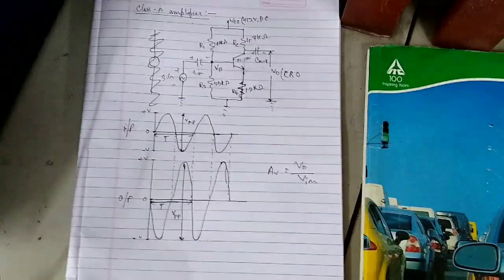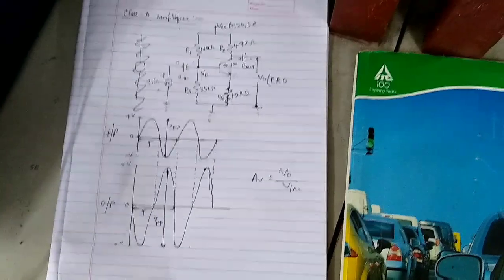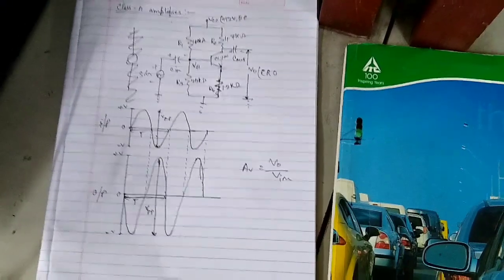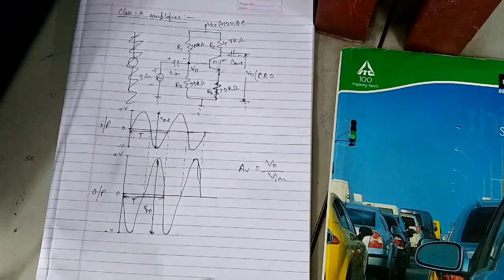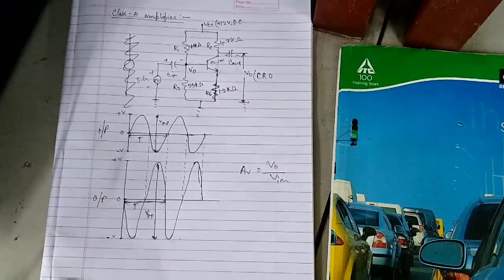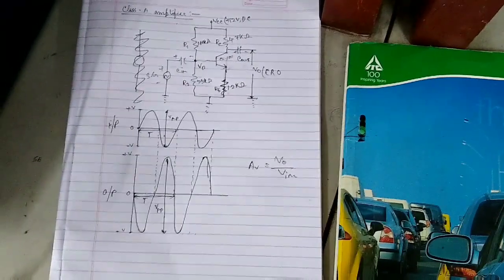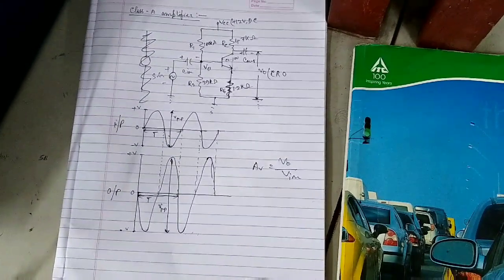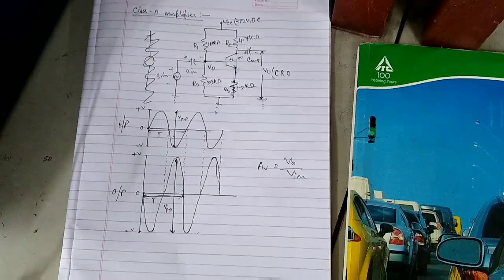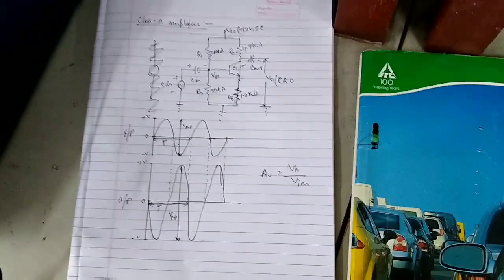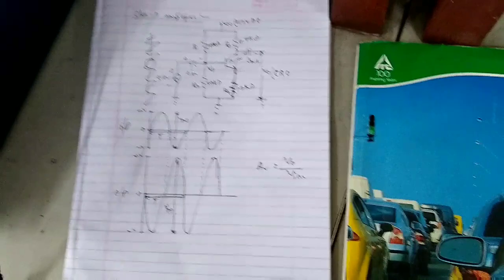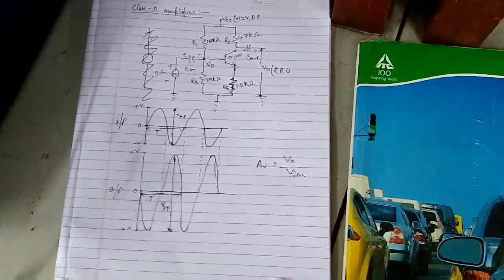If the input and output voltage are the same, then the voltage gain is unity, and if the output voltage is greater than the input voltage, then we have amplified the signal successfully. And if the output voltage is lower than the input voltage, then it is not an amplifier, it is an attenuator. So there must be some increase in voltage value at the output when you are designing an amplifier circuit.